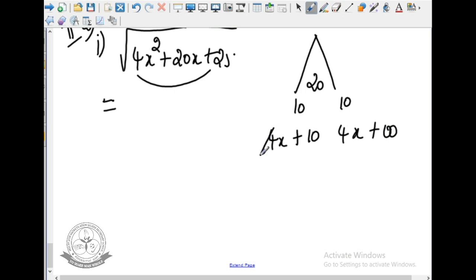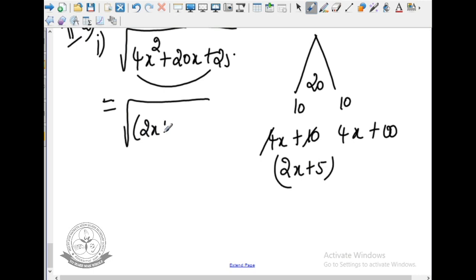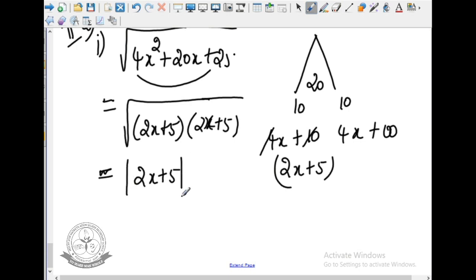So for cancelling, 2x plus 5, here also the same thing, right. So the square root of (2x plus 5) times (2x plus 5) is equal to 2x plus 5, taking only one term. For the final value you should take it in modulus, right. So the answer is 2x plus 5.